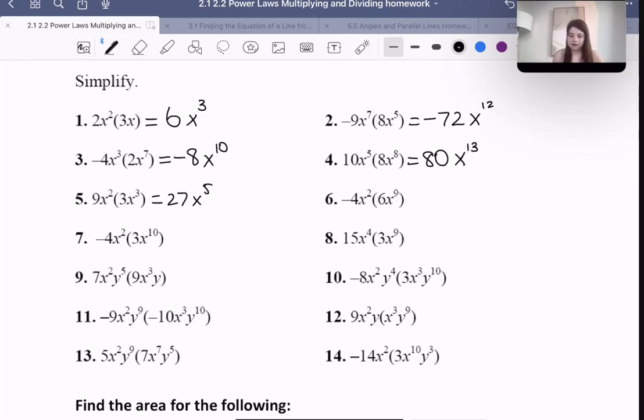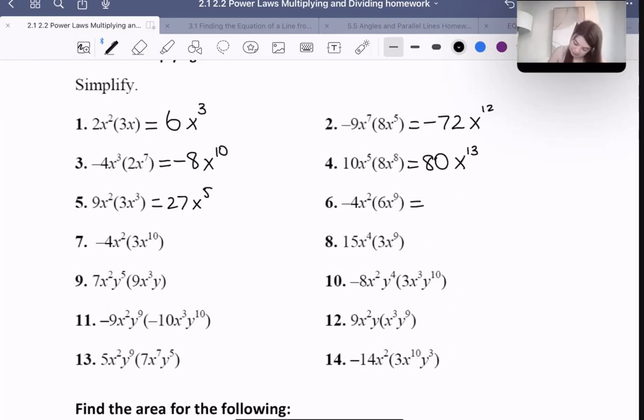All right. Number 6. Let's see. Negative 4 times 6 is negative 24. And then x squared times x to the power of 9 is x to the power of 11 overall. So that's good. Okay, number 7. We have negative 4 times 3. Well, that's negative 12. And then we have x squared times x to the power of 10.